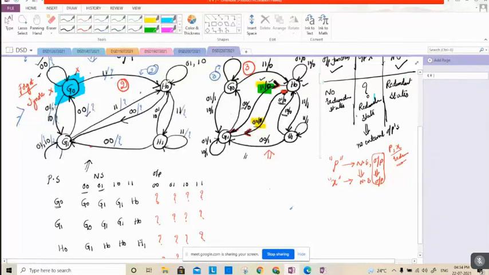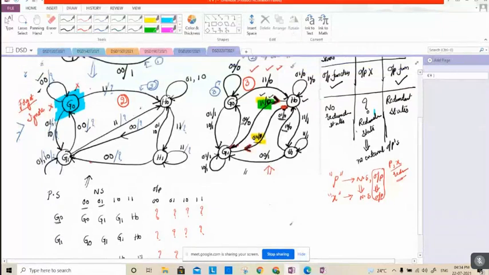Now here you can observe all the lines which are coming towards G0. How many lines are coming towards G0? This is one line, and this is another line.